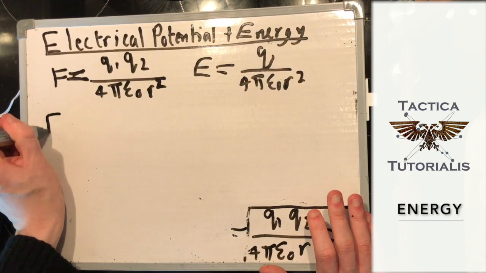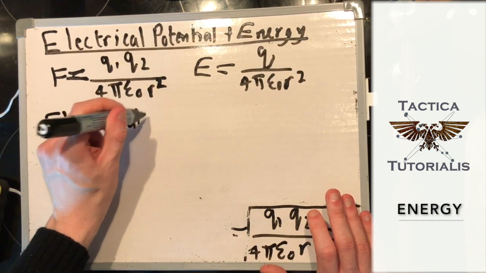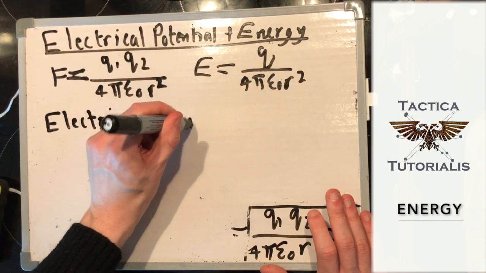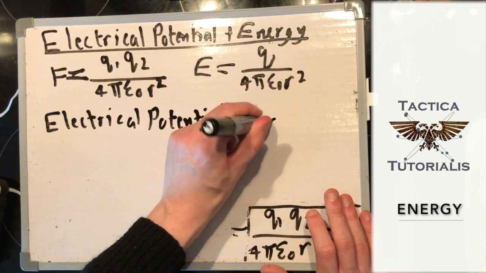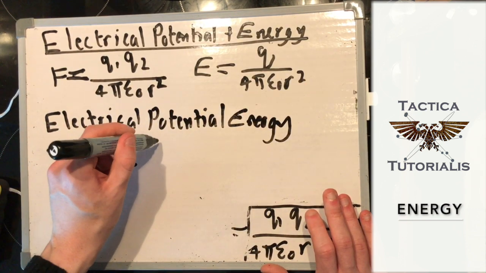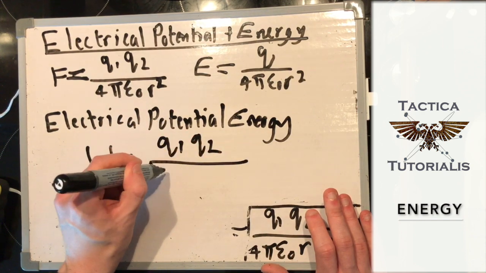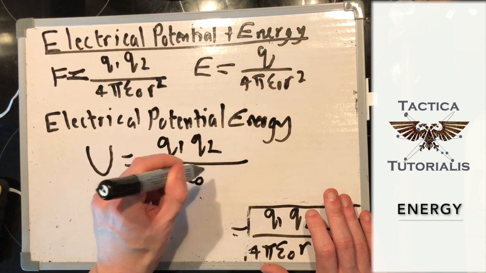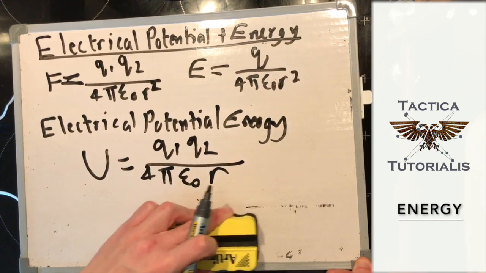So the electrical potential energy, U equals Q1 Q2 over 4 pi epsilon naught r, where r is the distance between them.